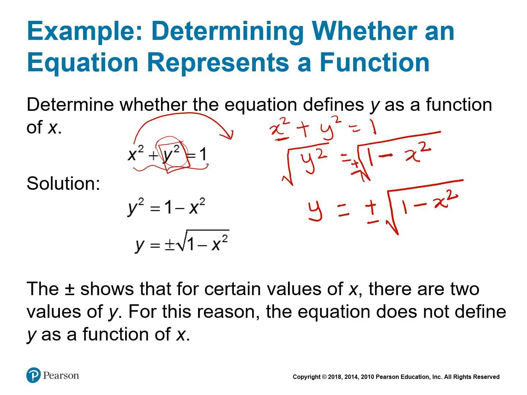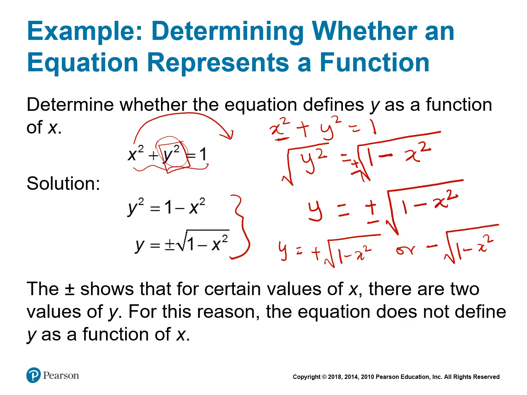So here we have two values for y. You see over here they did the same thing. They have given us a solution where they do exactly the same thing, but I just wanted to walk you through the steps. What this means is y can be equal to plus the square root of 1 minus x squared, or minus the square root of 1 minus x squared.